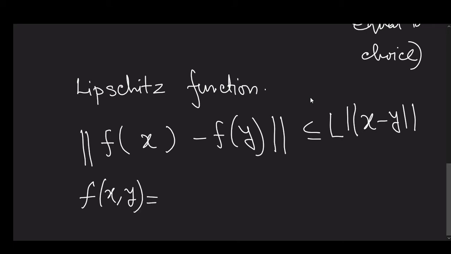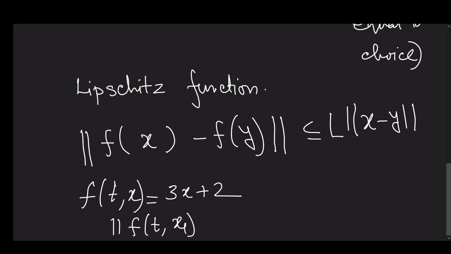Let us take f of t comma x equal to 3x plus 2, then we can have f of t comma x1 minus f of t comma x2, and that will result in 3 of x1 minus x2.